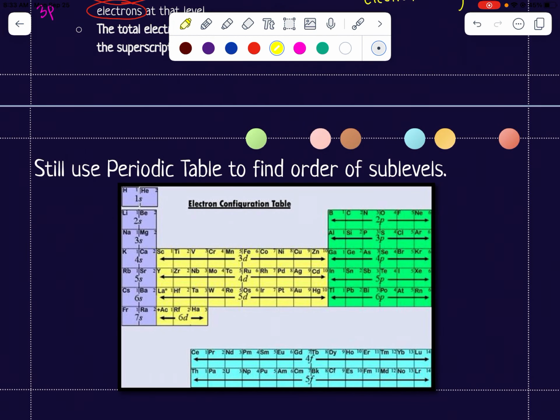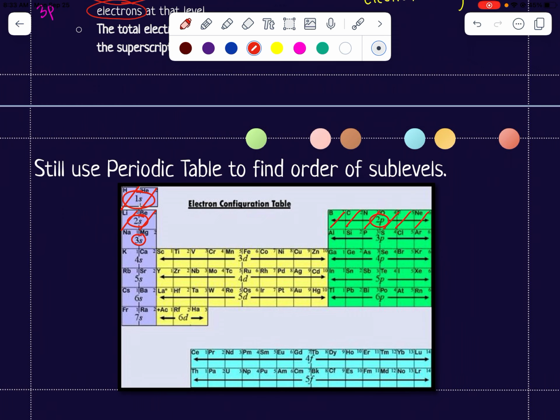So if you think about the sulfur that we just encountered, we started with 1s, and it was 2 elements across, so 1s2. Then we went to 2s, and it was 2 elements across, so it was 2s2. Then we came to 2p, and it's 1, 2, 3, 4, 5, 6 elements across, so 2p6.